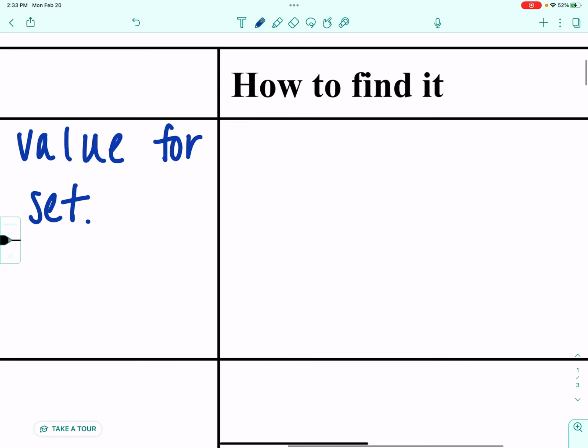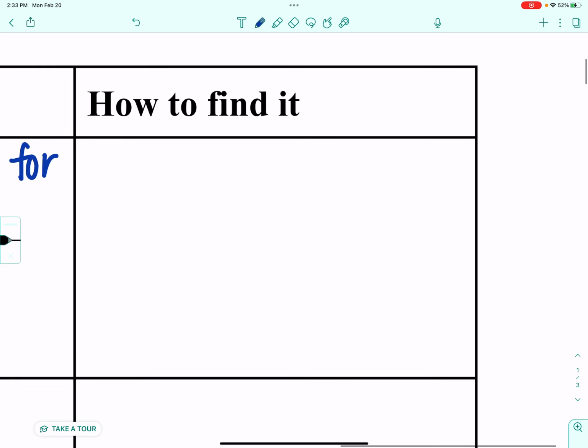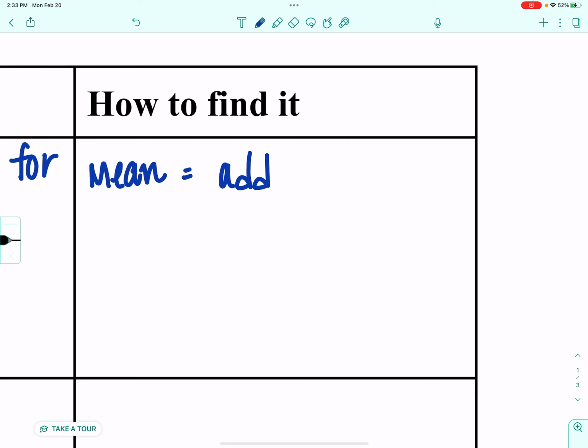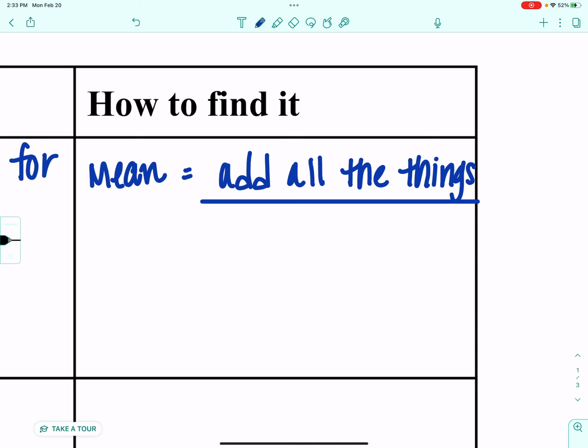As far as finding the mean, the mean says add up all of the things and then divide by the number of things.